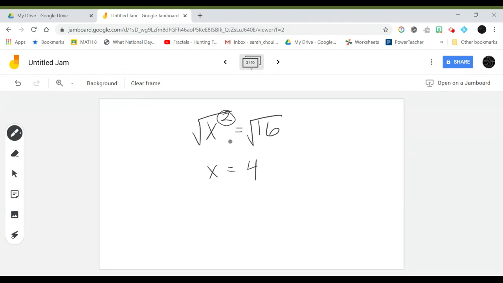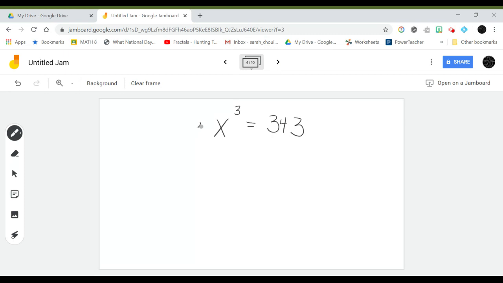Because 4 squared, 4 times itself is 16. 4 times 4 is 16, but so is -4 times -4. So I really have two answers, and we use this symbol, plus or minus, to show that I have two answers, +4 and also -4. So two answers give me 16 for this equation.